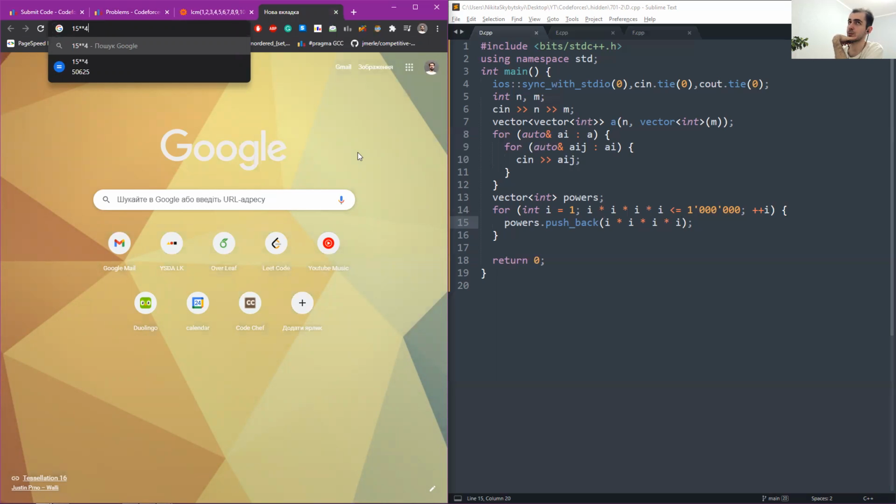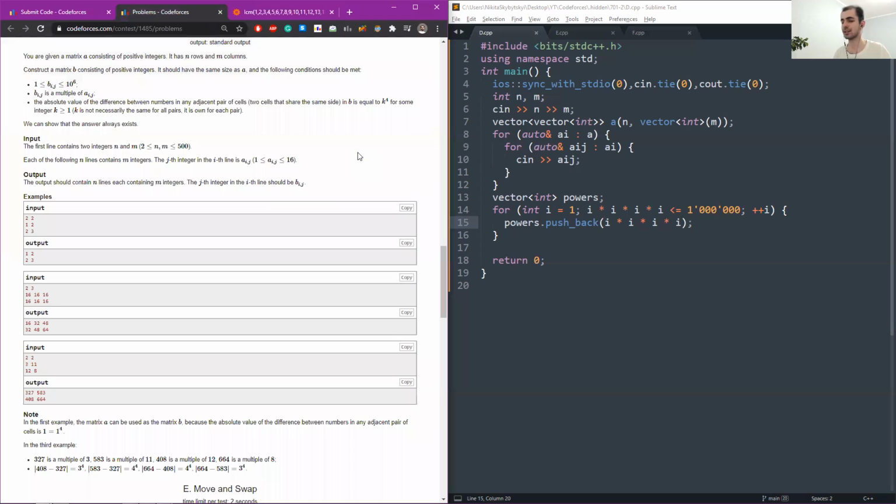And because it's first power, then it's at least this number. It's really cool. Having one difference is not a big issue. If we just compute GCD, we take the first power, and we are done.